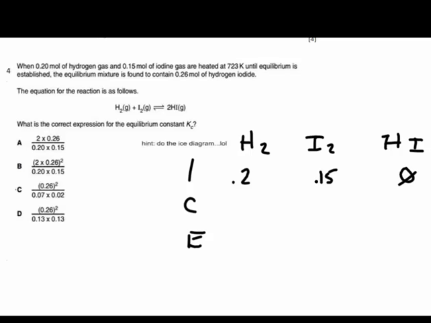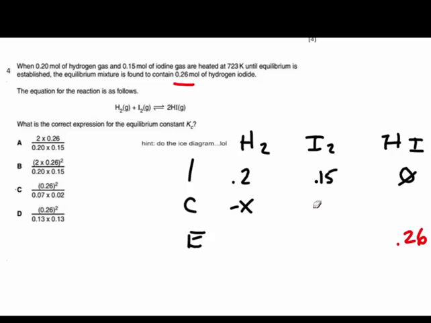So it tells me that I have an equilibrium mixture, so it says at equilibrium it has 0.26 moles of HI. So at equilibrium it has 0.26. All right, we can go ahead and put in all our change pieces. We know this has to change by some amount.